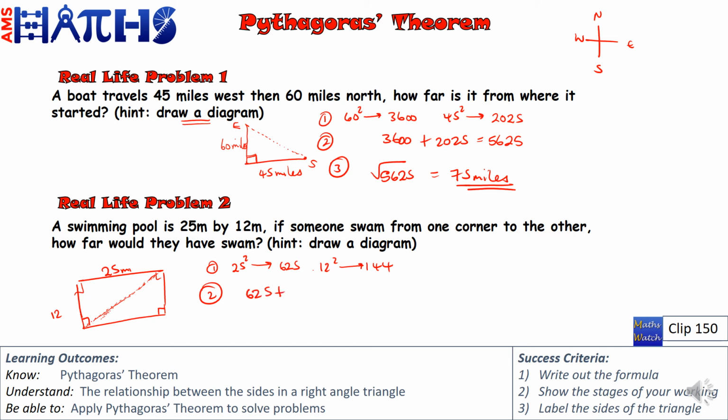So 625 plus 144, and that will give us 769. And then what we'll have to do is find the square root of 769. So I'll work that one out. Write my answer to 2 decimal places, so that is 27.73 meters.